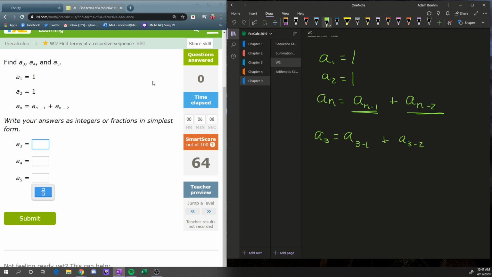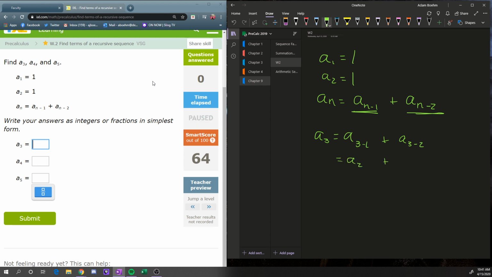And then we can simplify those subscripts just a little bit into a_2 plus a_1. And then we just plug in what a_2 and a_1 are. So a_2 is 1, a_1 is 1, so that's just equal to 2.